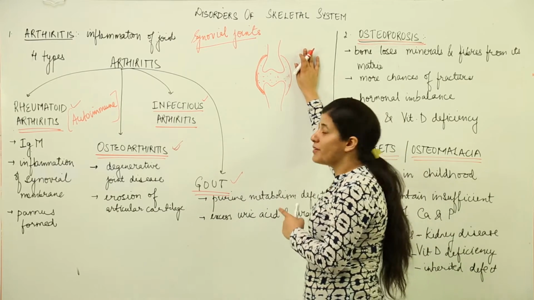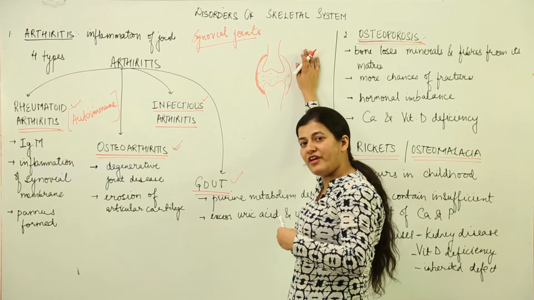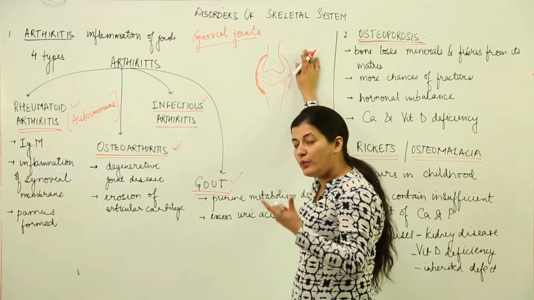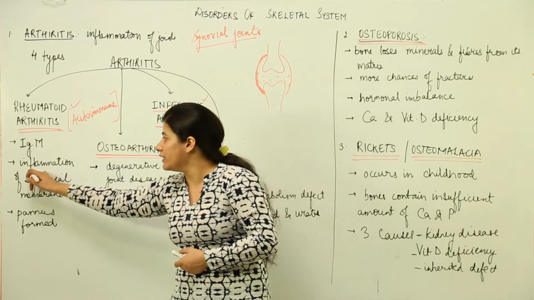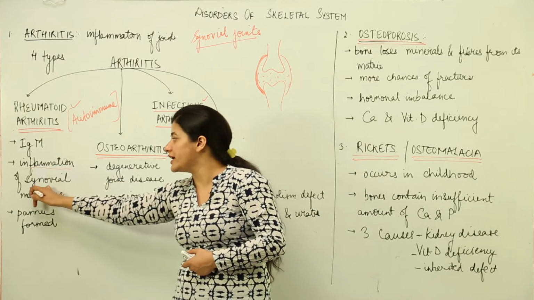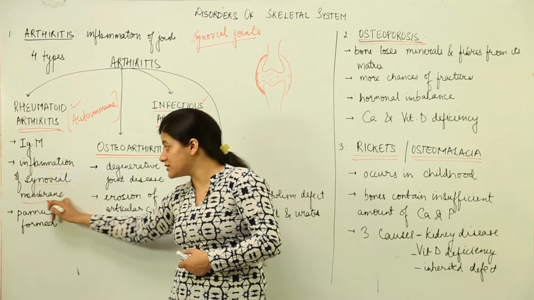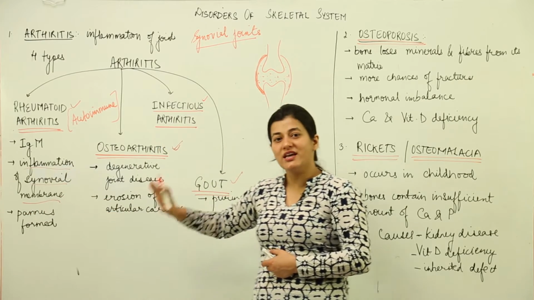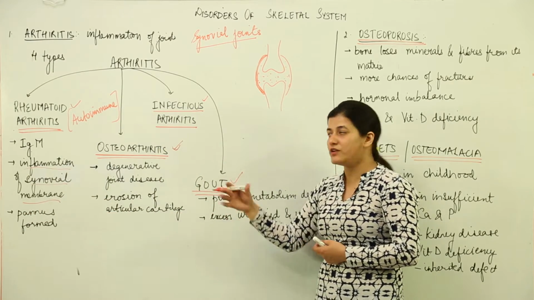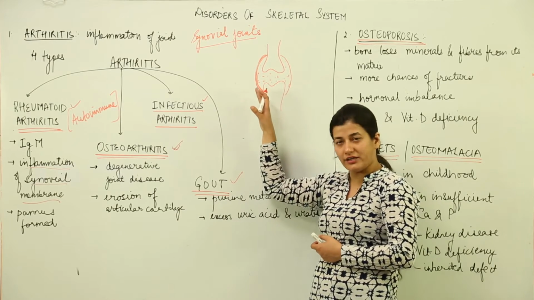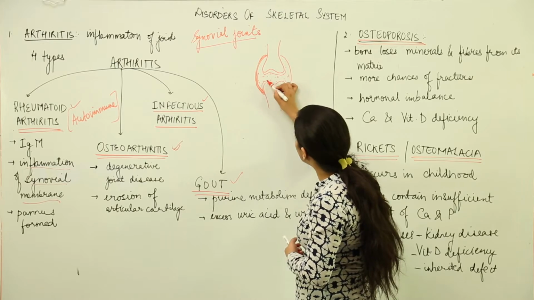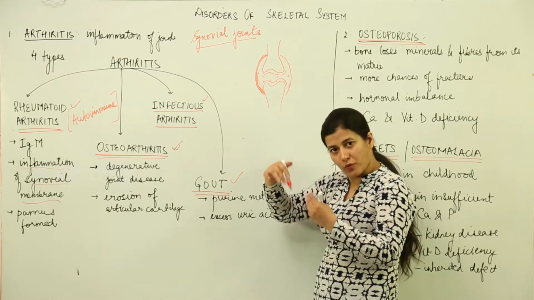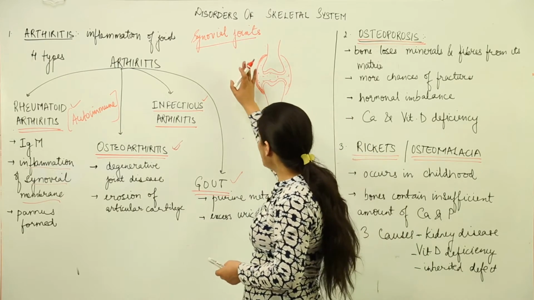When the synovial membrane is attacked, there is secretion of excess synovial fluid. What happens as a result of synovial membrane inflammation is that there is excess secretion of synovial fluid, which is present in the synovial cavity between the two articular cartilages present at the ends of the two bones in the joint.